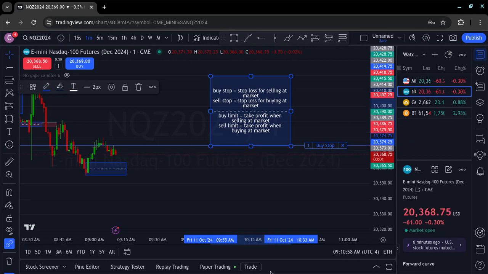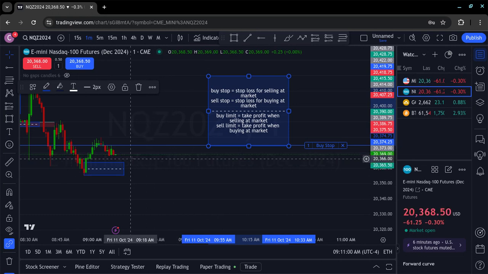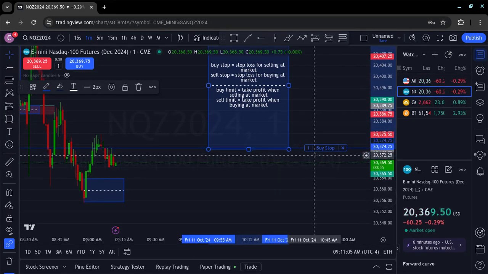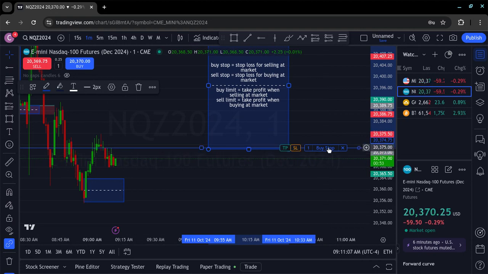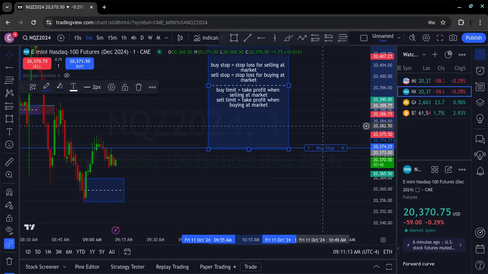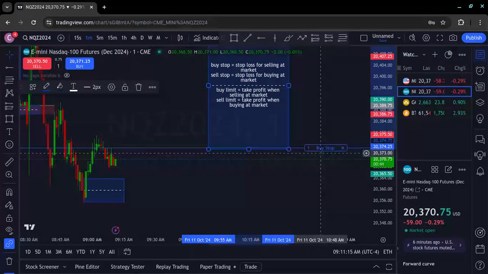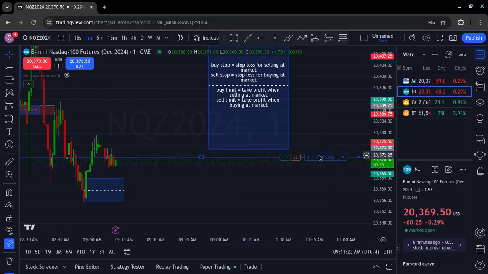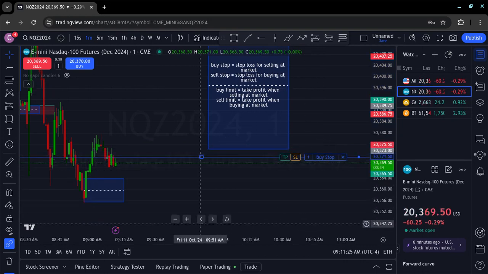So it just took out the take profit, and it left the buy stop open. I'm going to leave this buy stop up just to see if it will trigger it, because I haven't played with it enough to see.